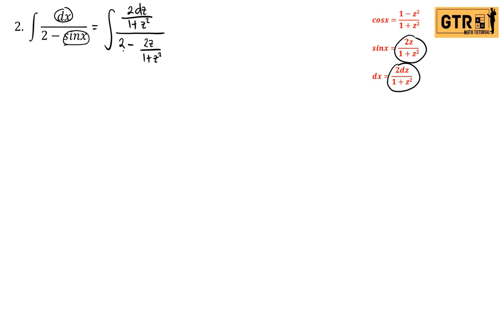2 minus 2z over 1 plus z squared. So let's put 1 under the 2 and then apply the butterfly technique in addition of fractions. So just cross multiply and then multiply the denominators. Okay, so therefore we have this now equal to the integral of 2dz over 1 plus z squared, all over 2 times 1 plus z squared.